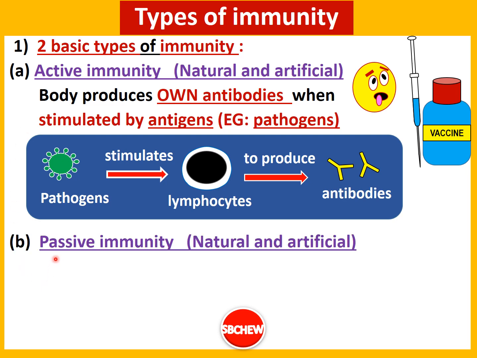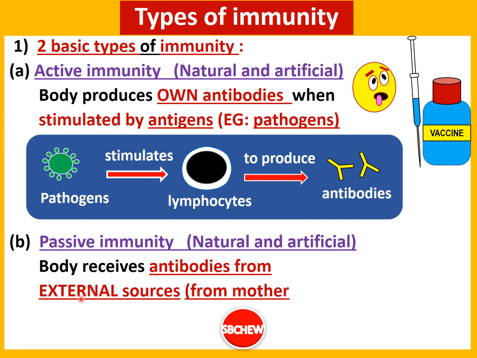The second type of immunity is called passive immunity, which is divided into natural passive immunity and artificial passive immunity. In passive immunity, the body receives antibodies from external sources, for example, from mother or from an animal's blood. So in this case, the body was passive in that it did not produce its own antibodies. The lymphocytes in the body did not produce the antibodies against that specific pathogen.